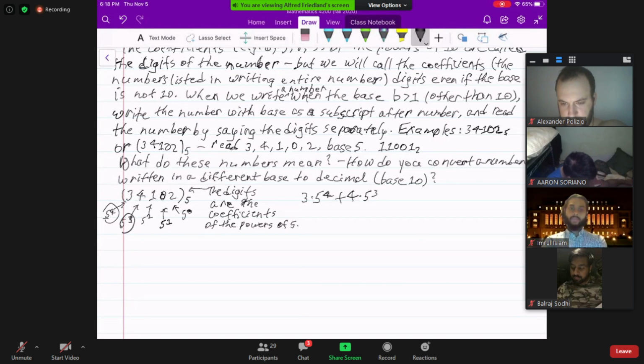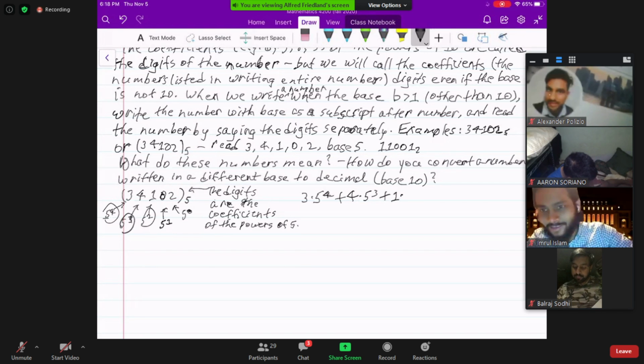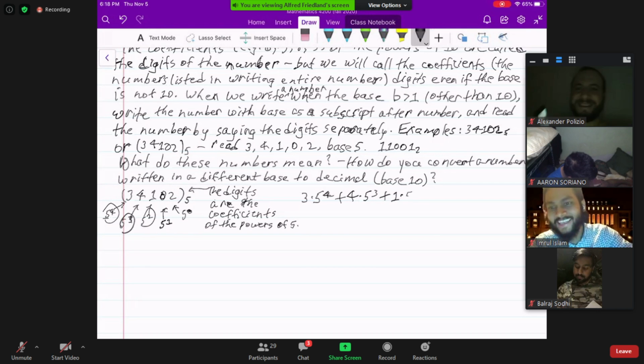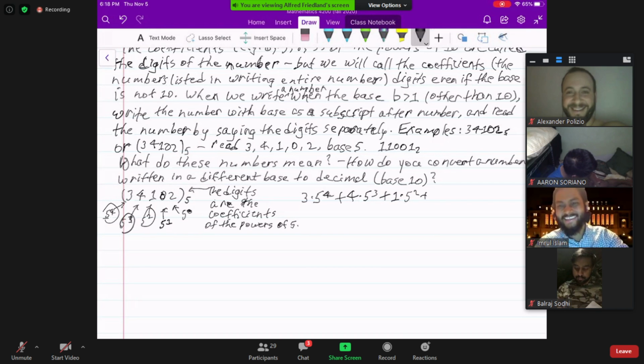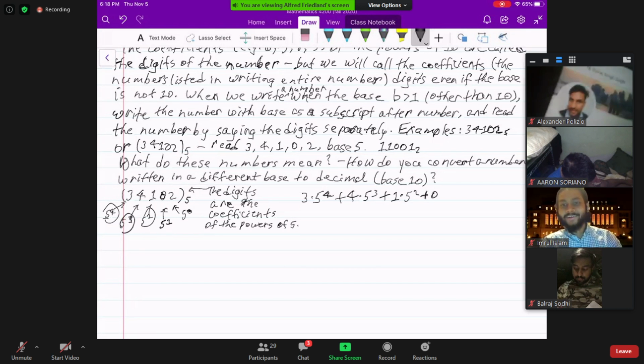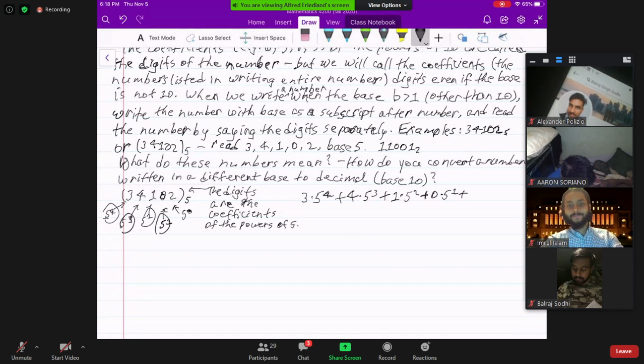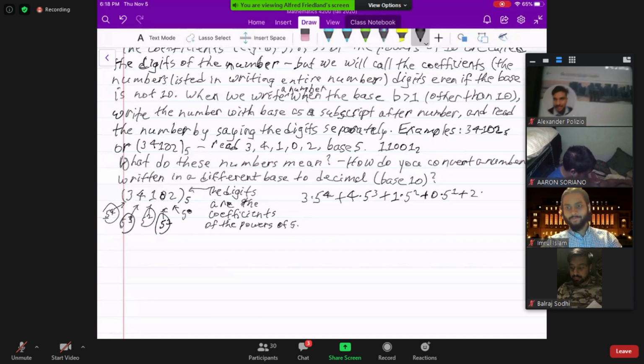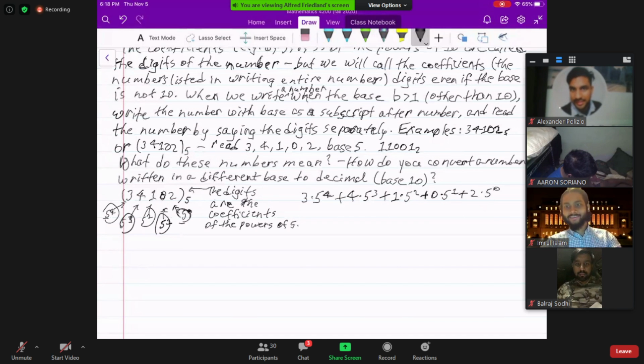And then the 1, that was the coefficient of 5 to the second, plus the next number is 0, so it's 0 times 5 to the first, plus 2. You don't have to write 5 to the 0th, but for uniformity, I'll write it.